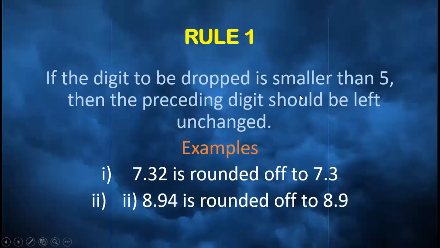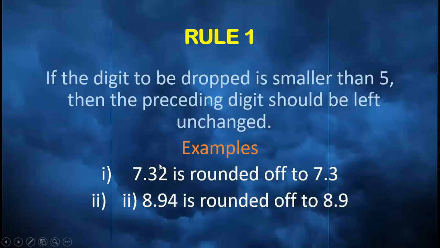The rule number 1. If the digit to be dropped is smaller than 5, then the preceding digit should be left unchanged. Now here 2 is an uncertain digit. This 2 has to be dropped. Now this number is less than 5. So the preceding digit, that is the number 3, is left unchanged.